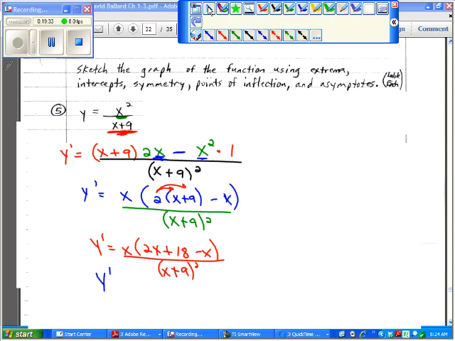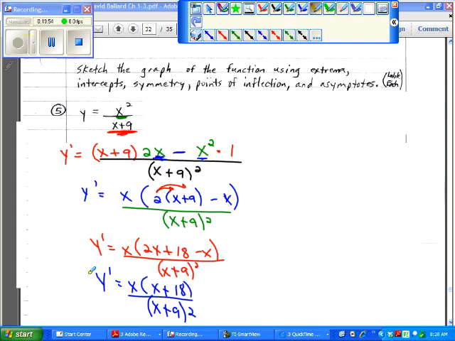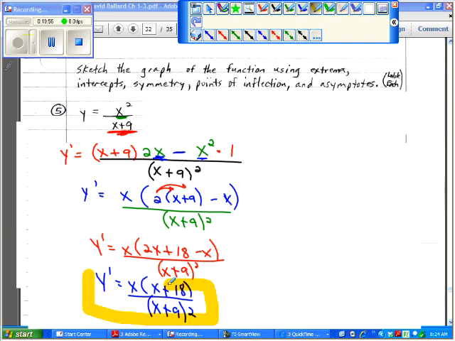So then y prime is x times x plus 18 over x plus 9 quantity squared. I'm going to highlight that. We kind of need to hang on to that. That's our first derivative.